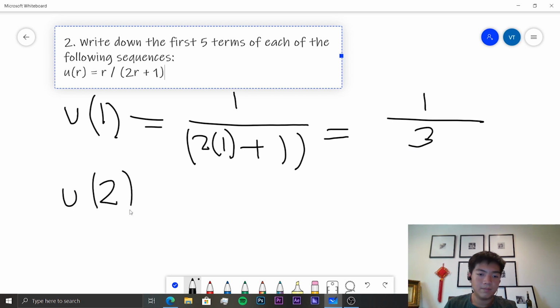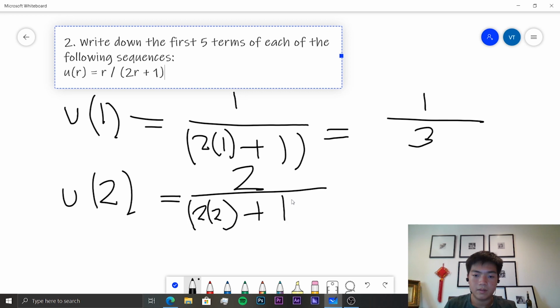So our second term is equal to 2 divided by 2 times 2 plus 1, which is equal to 2 over 2 times 2 is 4, plus 1 is 5, so 2 over 5.